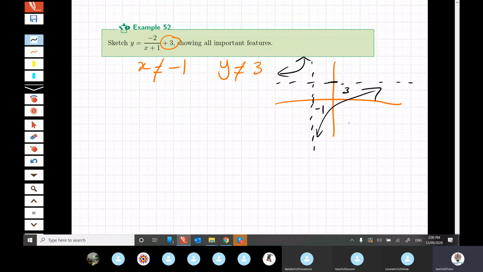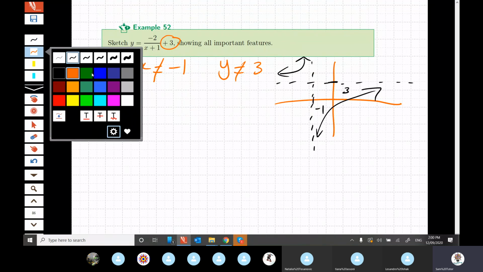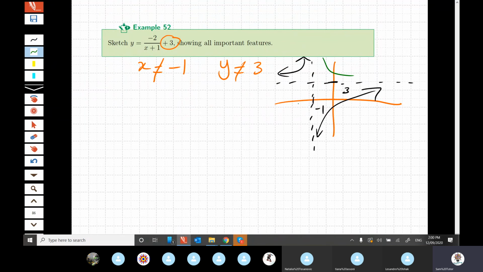But you would already know that because if you had drawn the other way around, I'll just show you guys, if you ever made a mistake, it's okay. You drew that. You would have said x is 0. 0 plus 1 is 1. You would have had a y-intercept of minus 2 plus 3, which is 1.